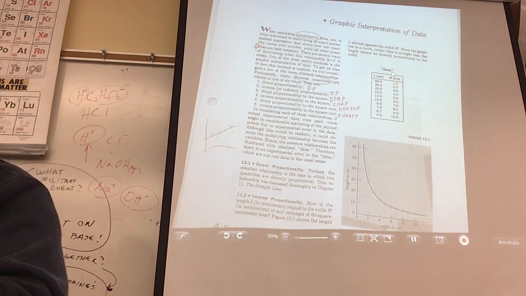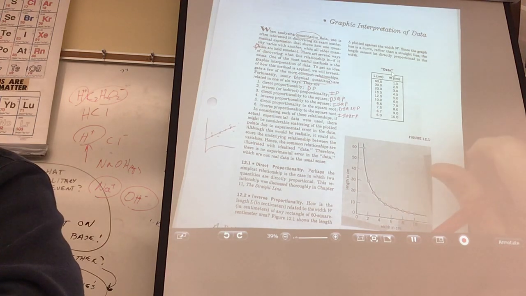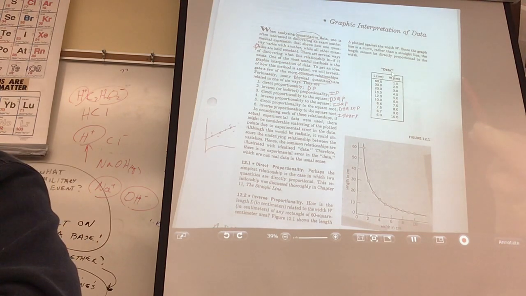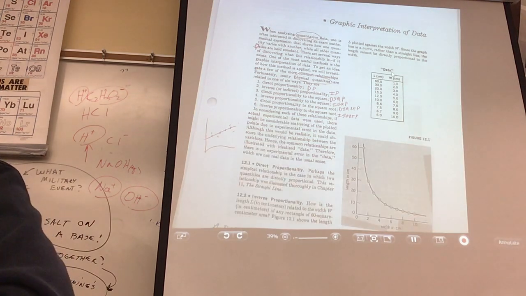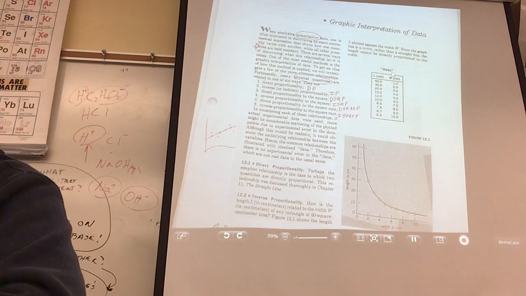So here's what we're going to do, right? And guess what kind of data they use there, because they don't want people criticizing their test. So they're going to use almost perfect data. You get that? Because they don't want somebody coming back, well, I missed a question because that wasn't on the line. They don't want anybody challenging their questions. See that? So they'll probably use near perfect data.